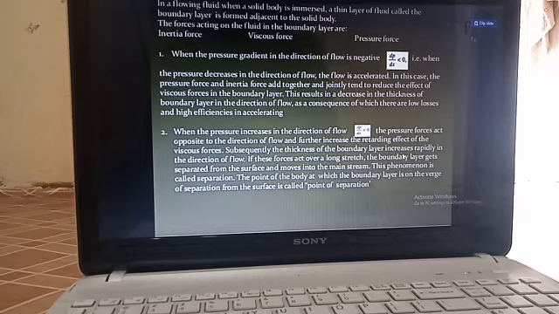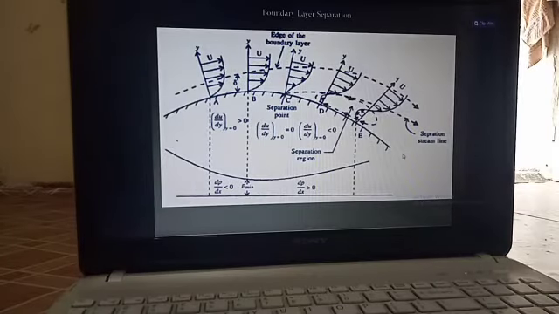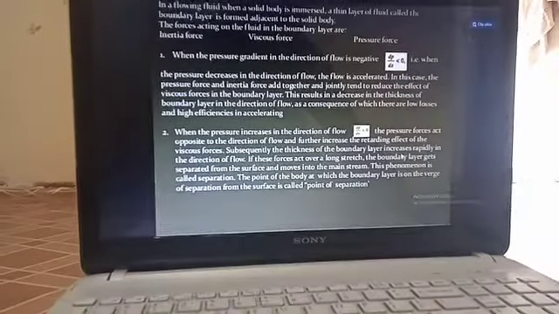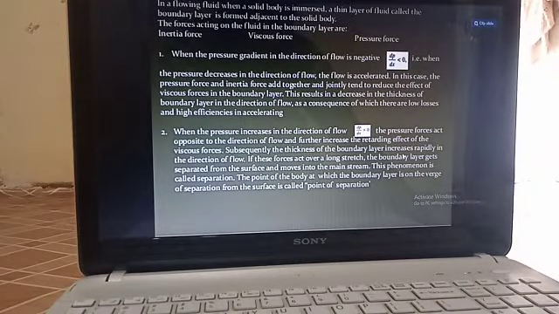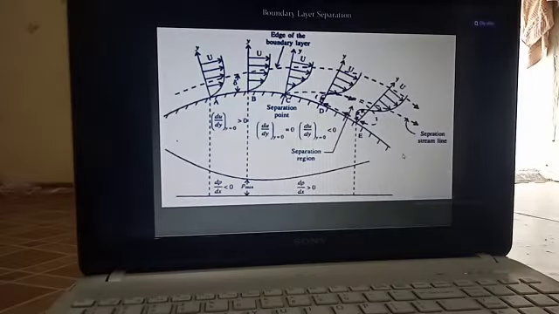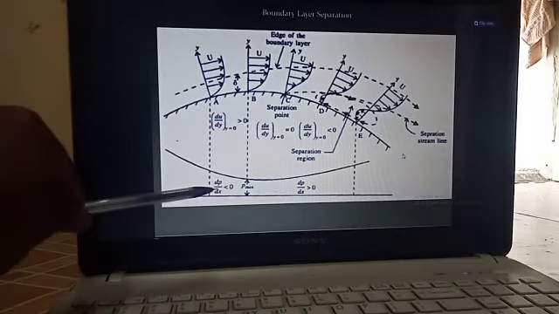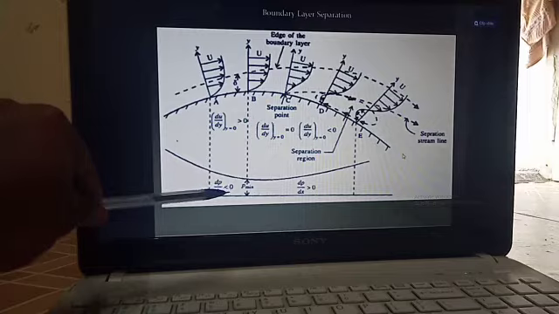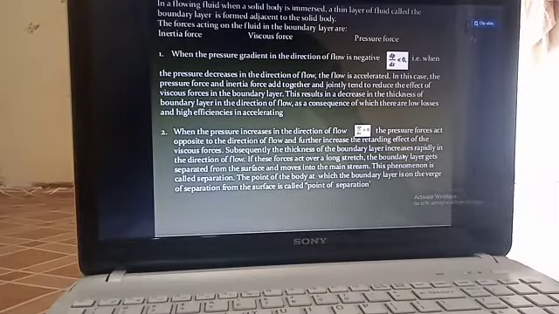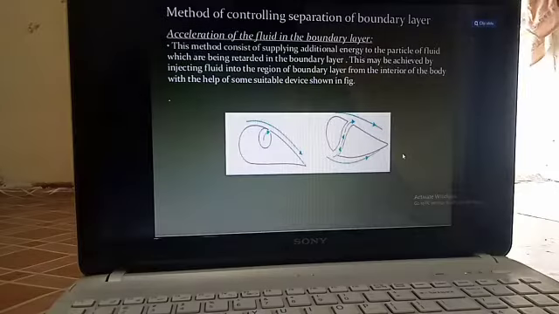Now there are 2 stages. Stage 1 is between points A and B, and stage 2 is between points B and E. In the first stage, the pressure gradient in the direction of flow is negative, that is, the pressure decreases in the direction of flow, so the flow is accelerated.